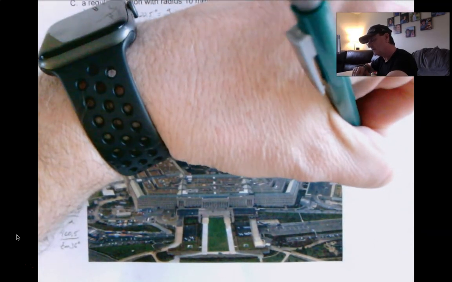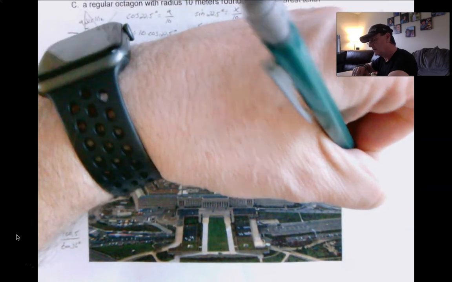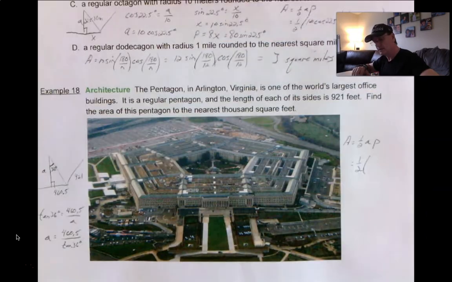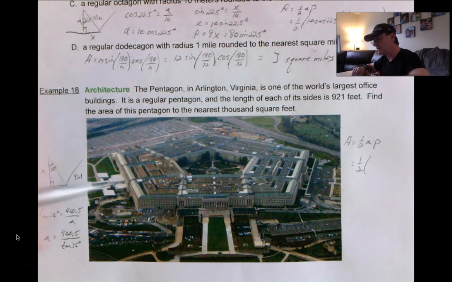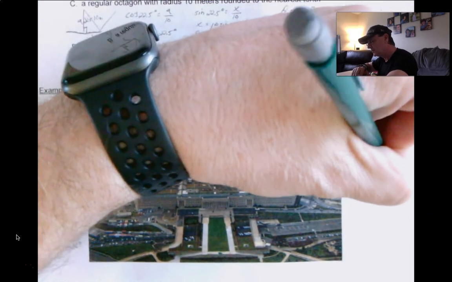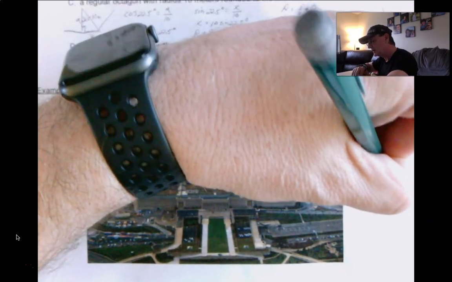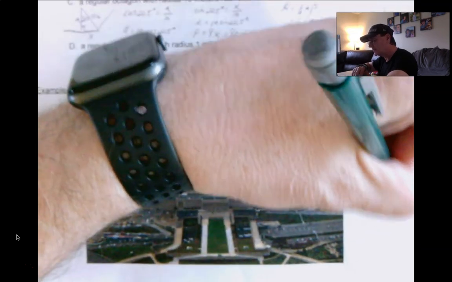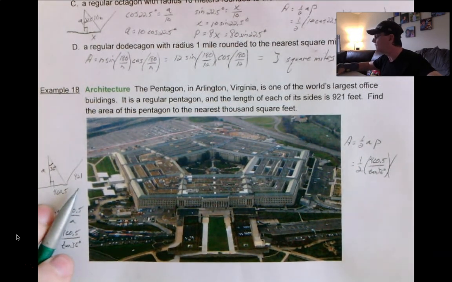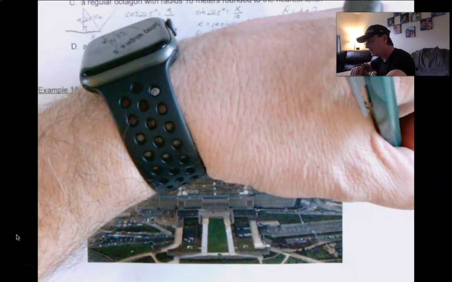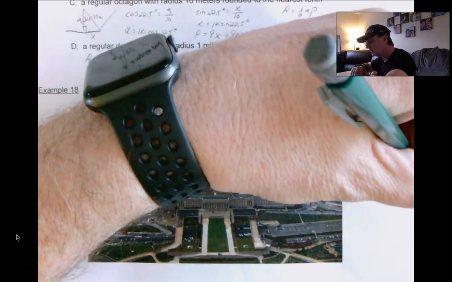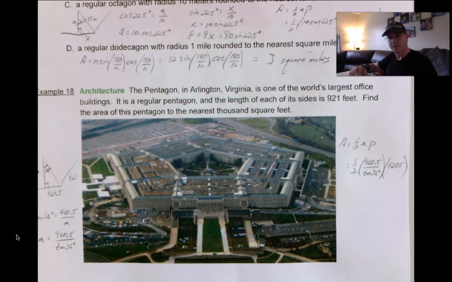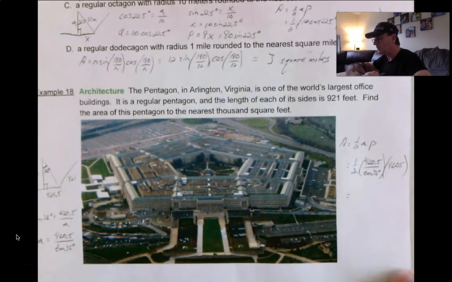Okay. Area, let's slide over to this side. Area equals 1/2 AP. 1/2 times the A we just calculated, 460.5 over the tangent of 36 degrees, times the perimeter, which is 921 times 5. 921 times 5 is 4,605. The rest is just multiplying this out.